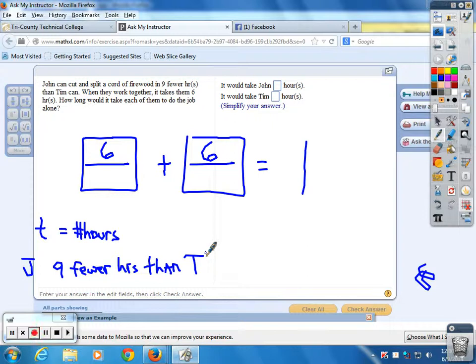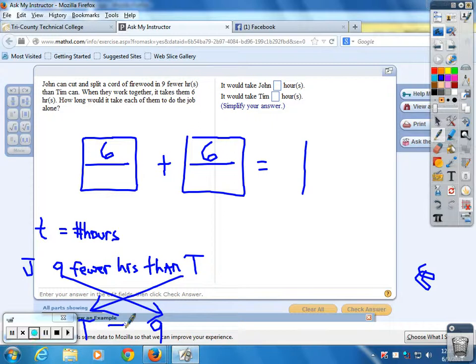Now back in grammar school, you should have been taught, or basic math, that when you see less than, more than, fewer than, when you see that word than, crisscross and put the symbol. So the T goes right here, and the 9 goes right here. It should be T minus 9.